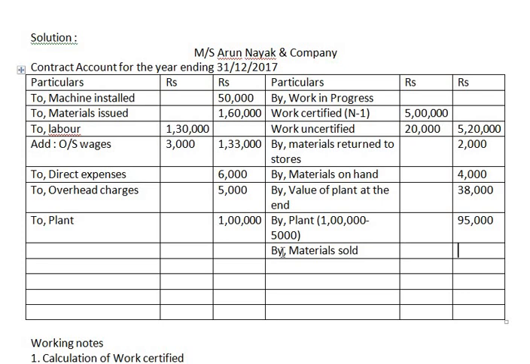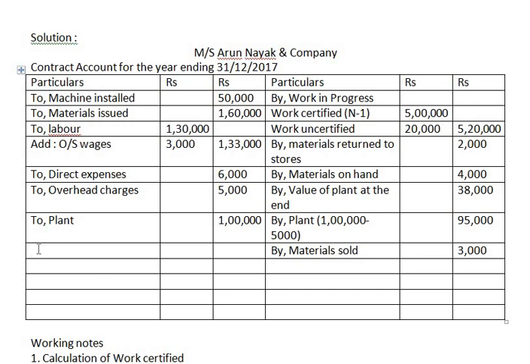Material is sold for 3,000 rupees, costing 2,000. It means there is profit on sale of material. Agreed? Because the value of materials is 2,000, but it is sold for 3,000.